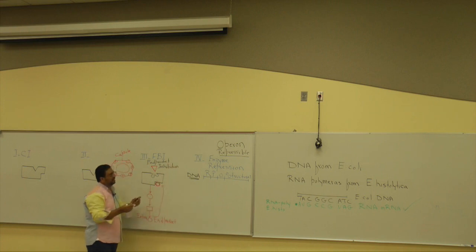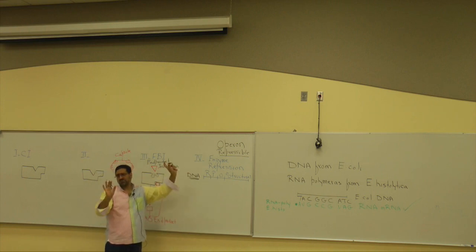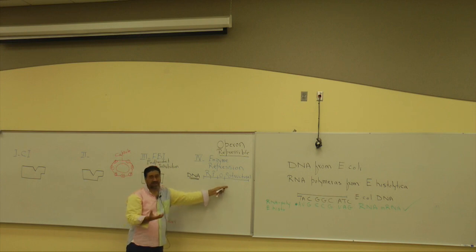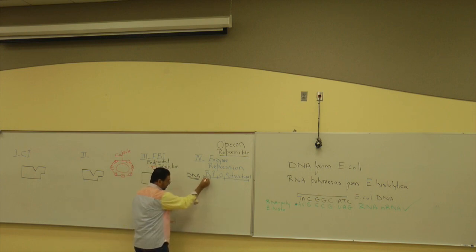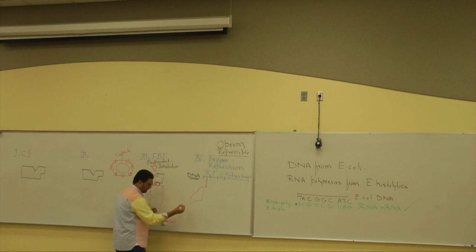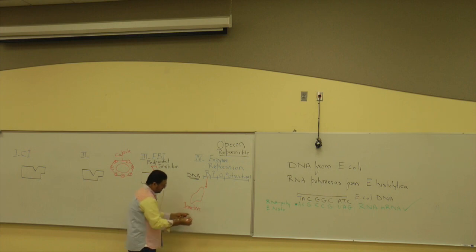In enzyme repression, same thing. When you want to make a product, an anabolic protein, the regulator gene makes a repressor protein, which is what? Inactive. By being inactive, it cannot bind to the operator.